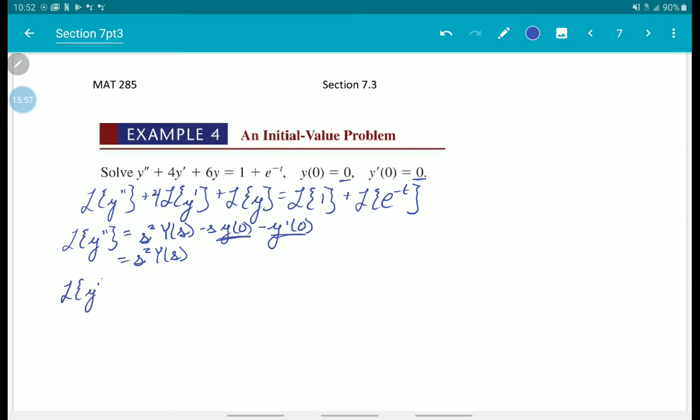The Laplace of y prime is s Y of s minus y of 0. Our y of 0 is 0, so this guy's 0. So we're just going to have s Y of s. And then the Laplace of y is just Y of s.